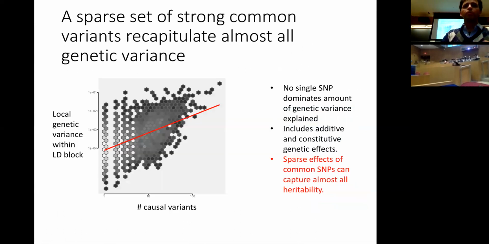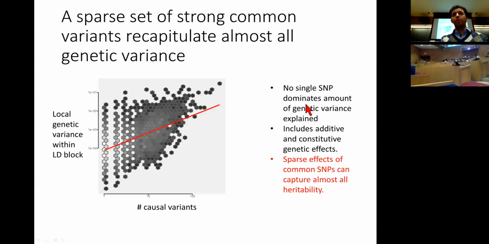So what you can ask is, what are the causal variants in each of these loci that capture almost all the genetic variance? You don't take one genetic variant per locus; you take more and more until you capture a big chunk of the genetic variance of that locus. And that goes directly at the pleiotropy and polygenicity aspect that I talked about.